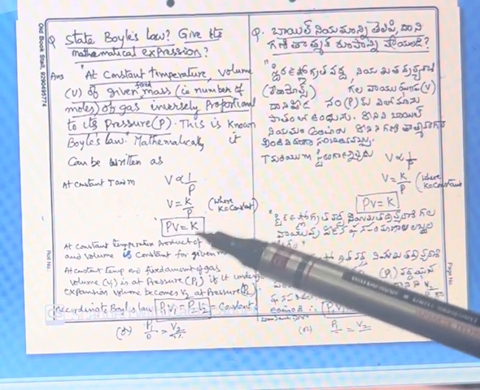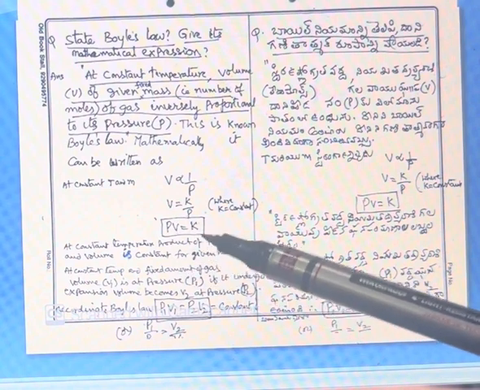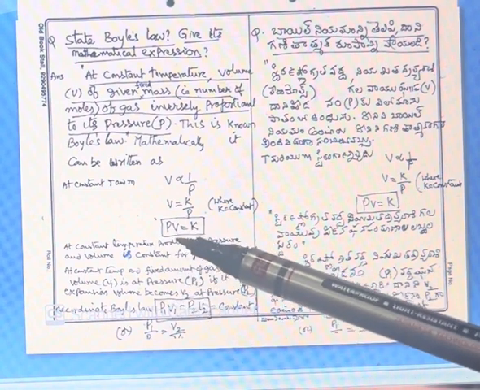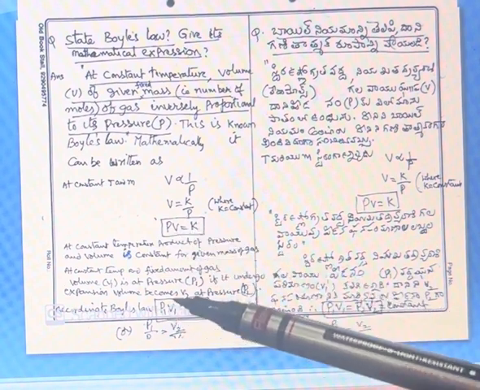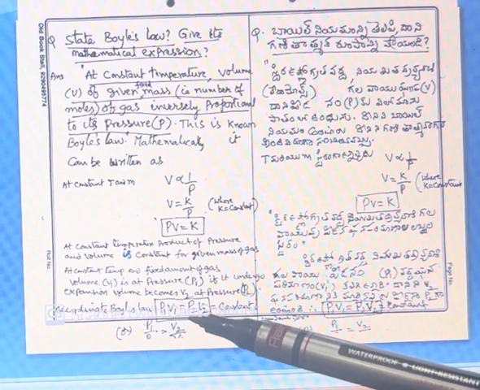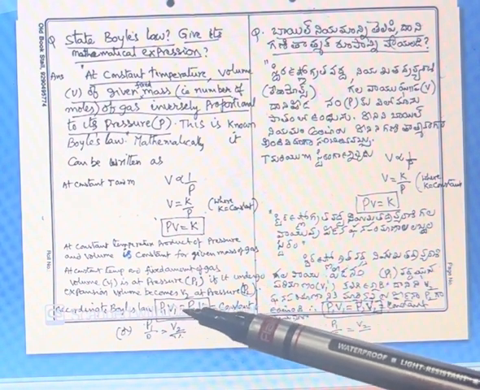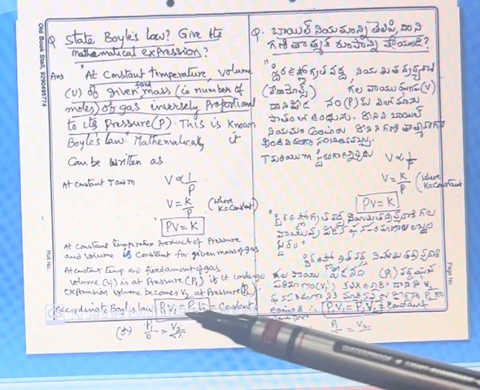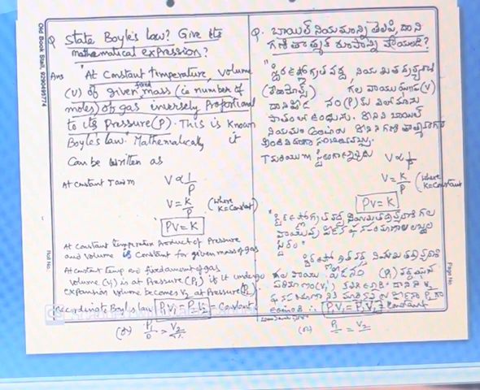Using this equation, P1 V1 is equal to a constant in the first stage, and P2 V2 is equal to a constant in the second stage. For the same gas at the same temperature, P1 V1 is equal to P2 V2. This is another equation used for problems on Boyle's law.